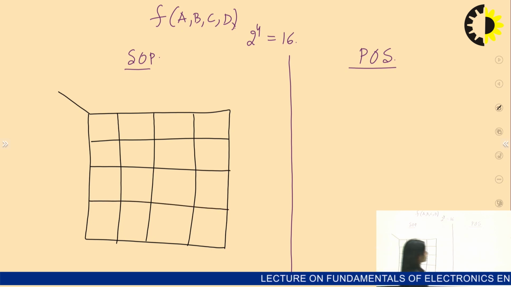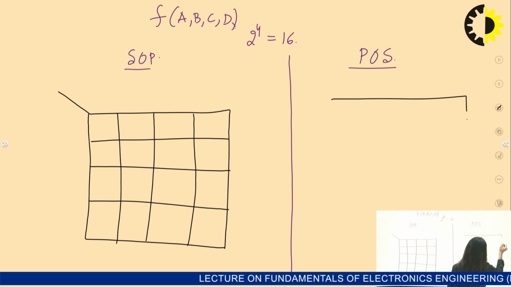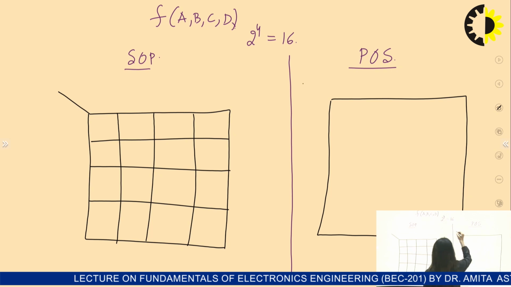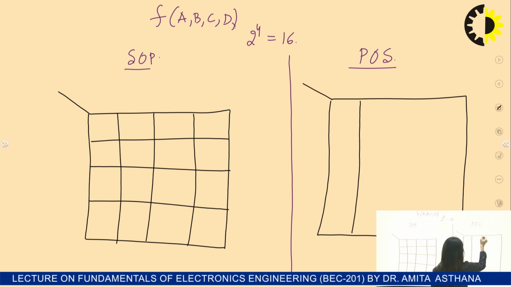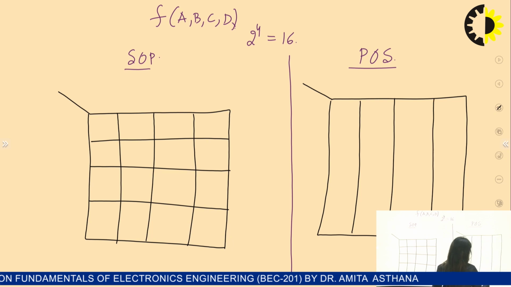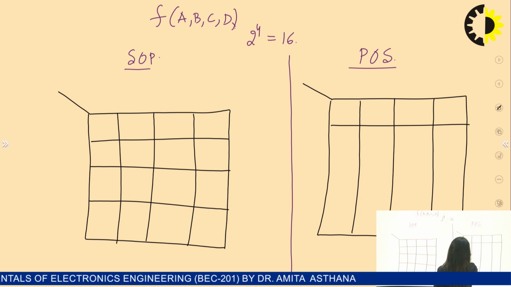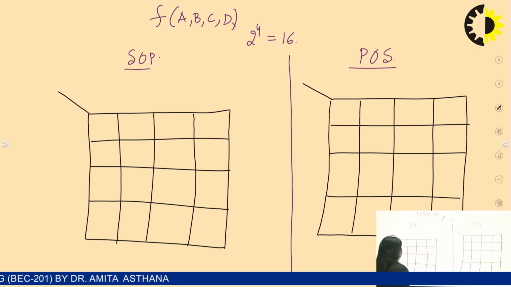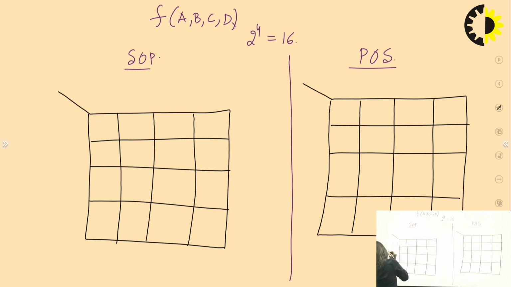For POS, now I will write the first 2 variables down the line and then the second 2 variables up the line. Similarly, I will do here also A, B, C, D.